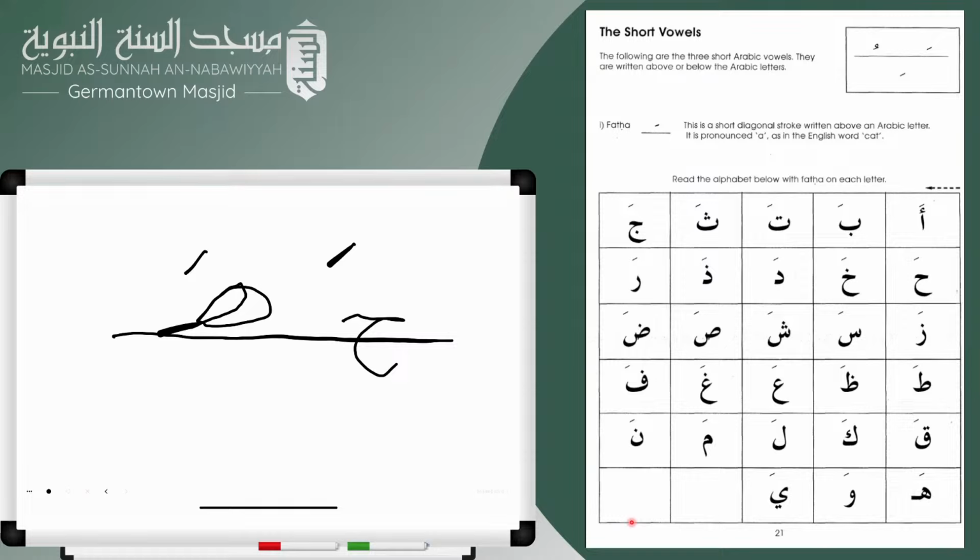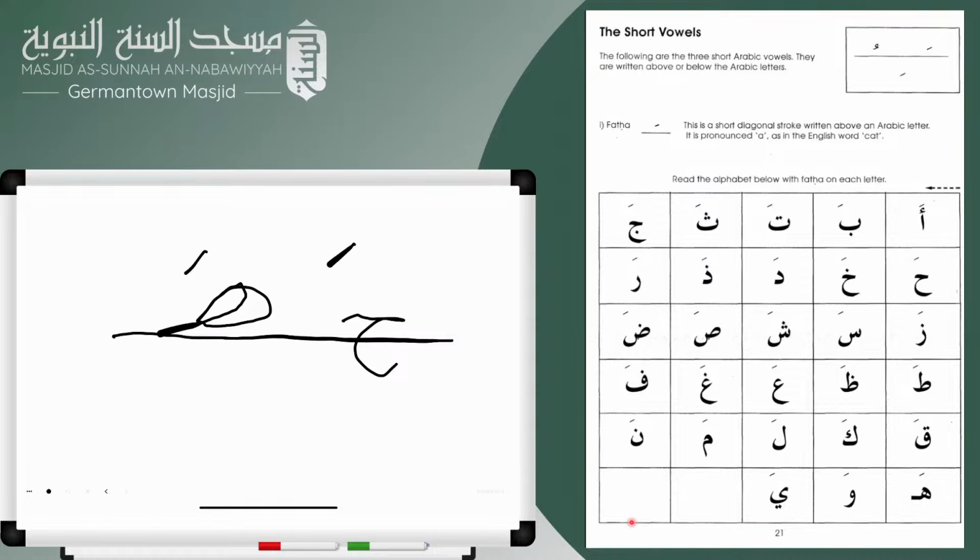The second one is ha. You see the difference? The first one is from the middle of the throat. The second one is from deeper down the throat, close to the chest. What do they sound like when they have fathas?